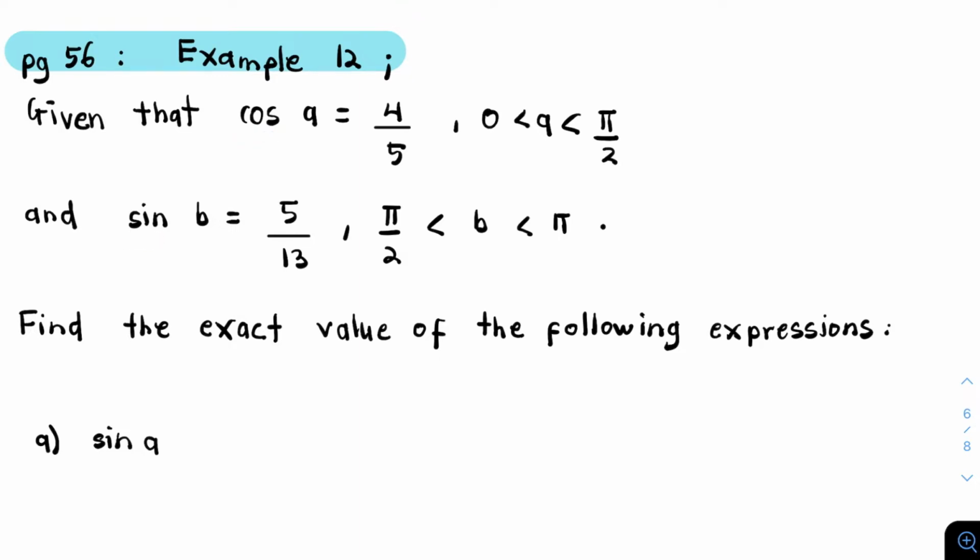I hope that you still remember it back in school and also in Maths 1. If you draw your triangle, for example, cosine A is given as 4 over 5, and angle A falls between 0 and pi over 2, which means it falls in quadrant 1.